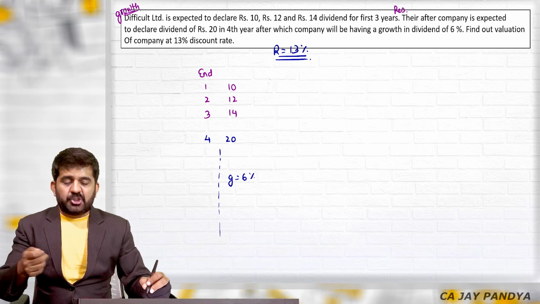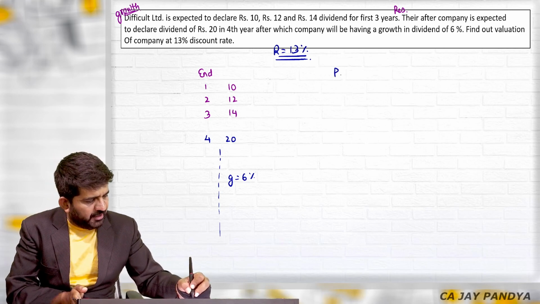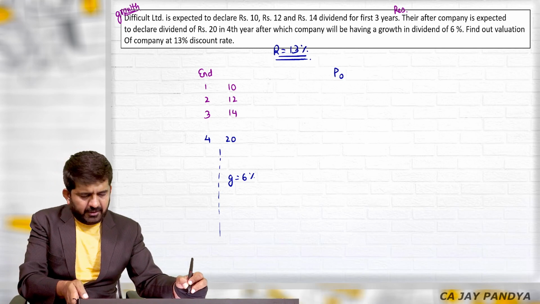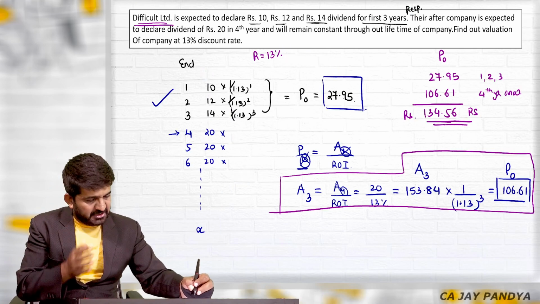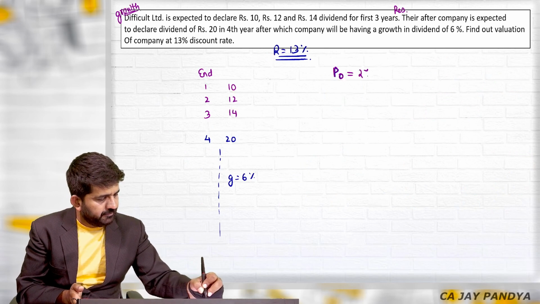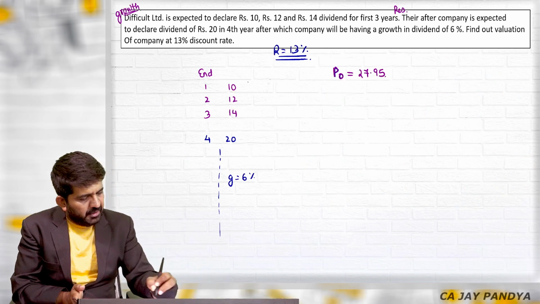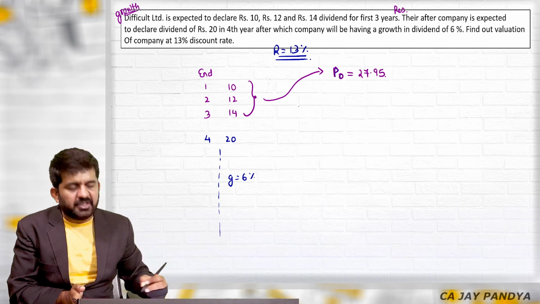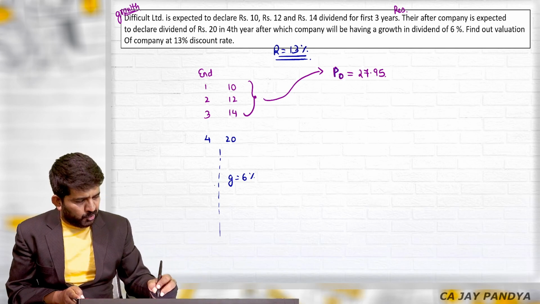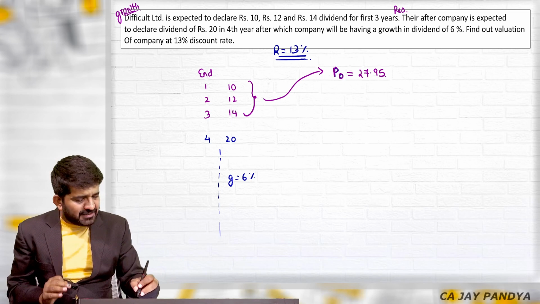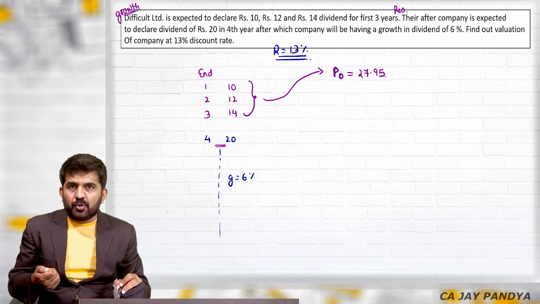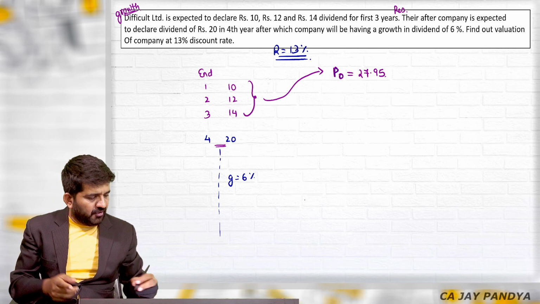So let us first solve this purple color. I want to find out P0 for this purple color. It is very easy because we have already found it, which is 27.95. It is the answer of only these 3 years. Let us go to this. Now the concept is the same. If I start with the 4th year cash flow, I will be getting the answer of the 3rd year.